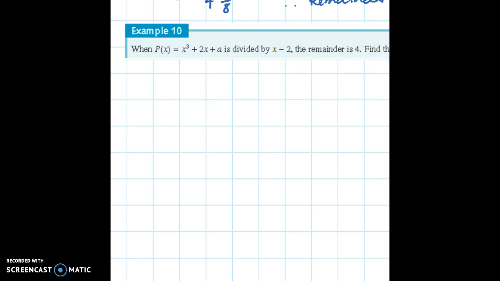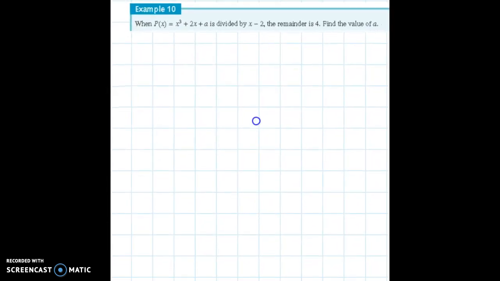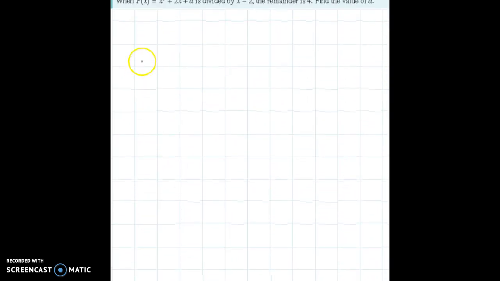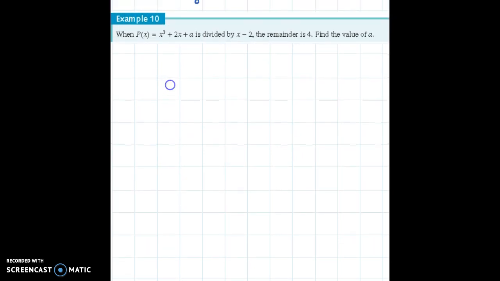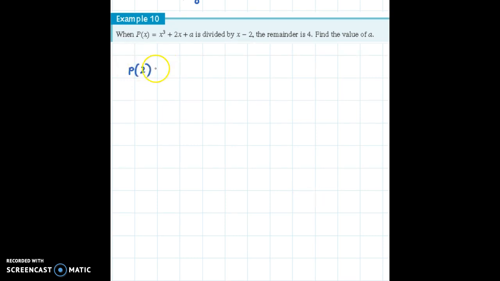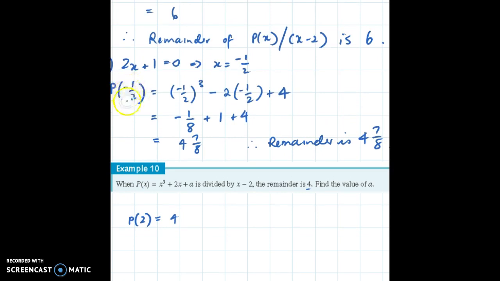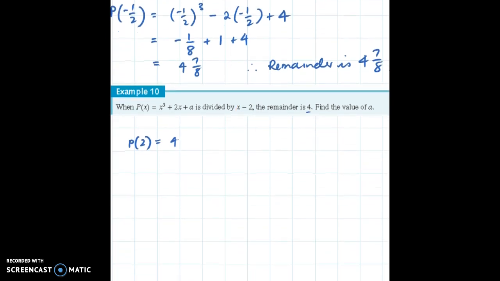So you just use the remainder theorem for this by thinking, okay, if x minus 2, that would mean that P of 2 equals 4. Because the remainder, as in, if I put 2 into here for that polynomial, then it would spit out a 4. So P of 2 is 4, okay? And you divided by x minus 2. Yeah?